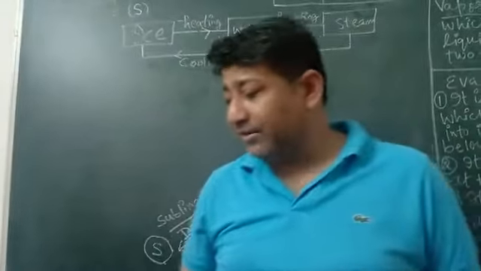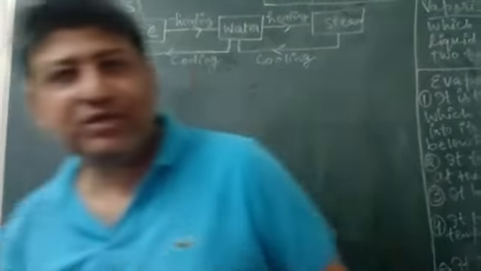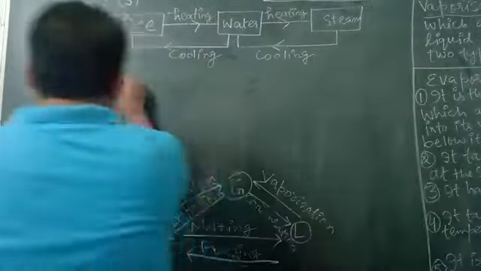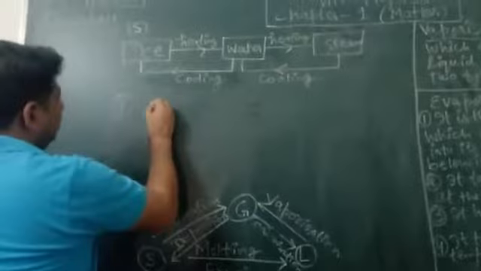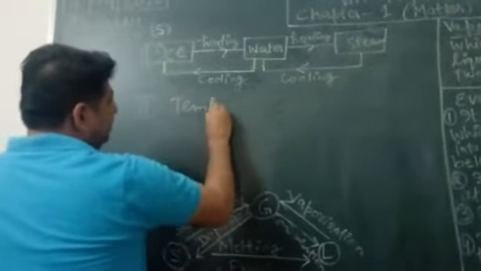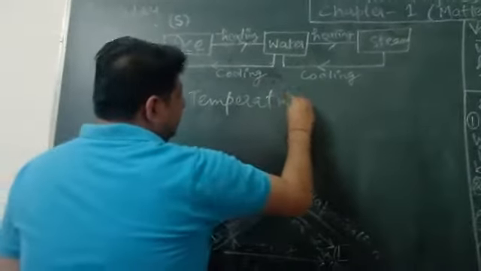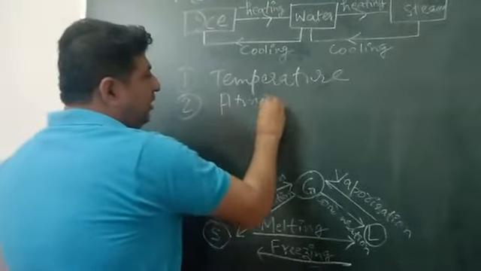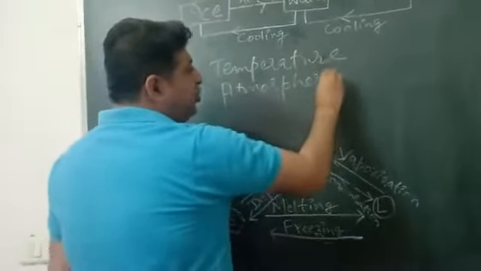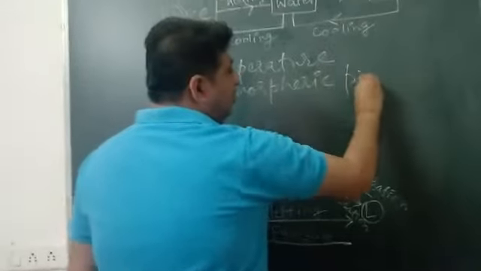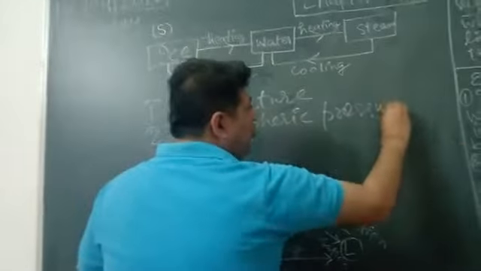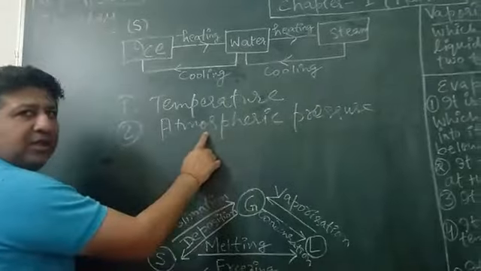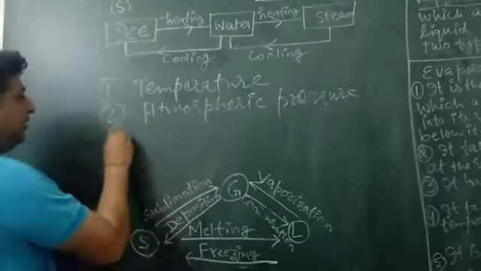So that means change of state does not only depend upon temperature, it also depends upon atmospheric pressure. So if we change temperature, or if we change only the atmospheric pressure, the change of state can take place.